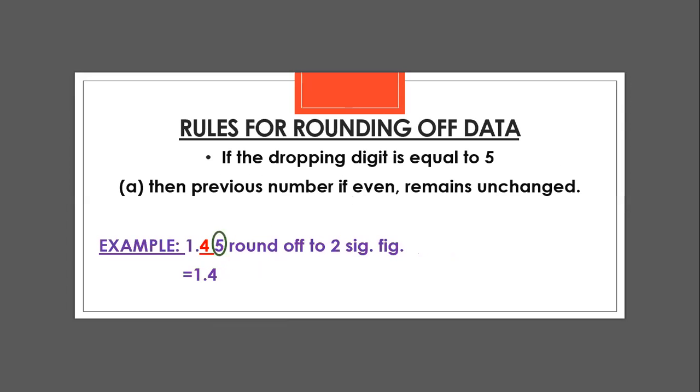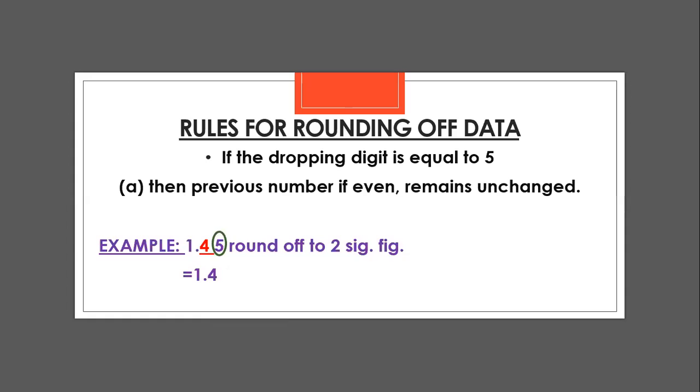Let's see another rule. If the dropping digit is equal to 5, then there are 2 parts to it. We will discuss the first part first. If the dropping digit is equal to 5, then the previous number, if even, remains unchanged.